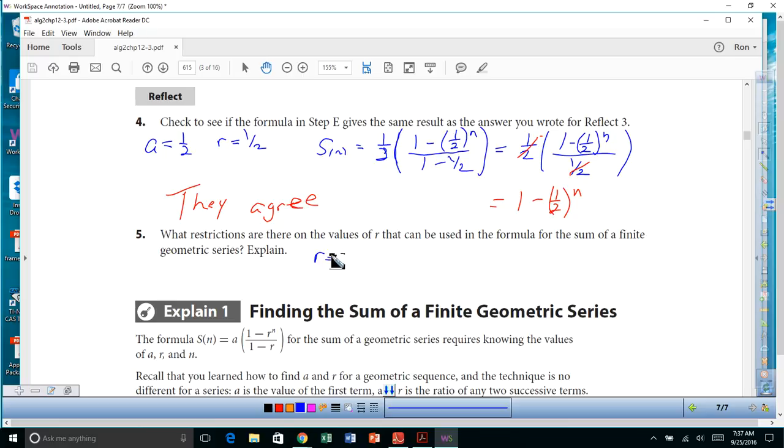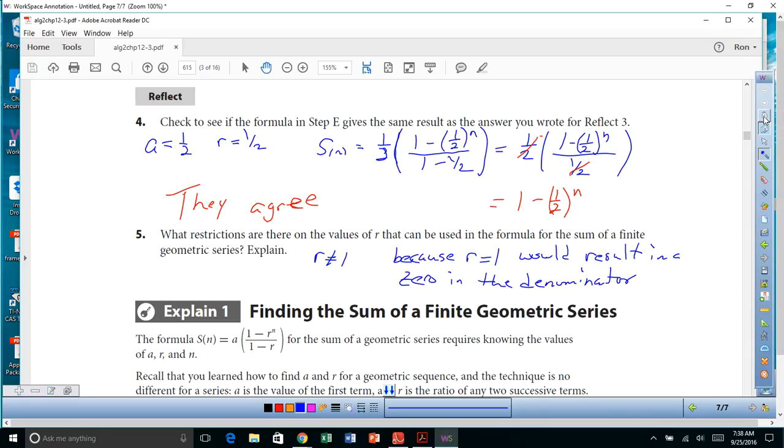So r cannot equal 1, because if it does, that would be 1 minus 1, which would give you 0 in the denominator. And a 0 in the denominator is undefined, you cannot divide by 0. So you can't have r equal to 1.